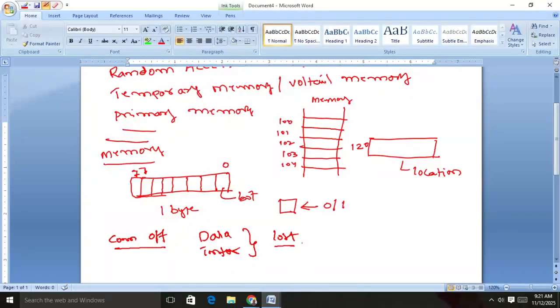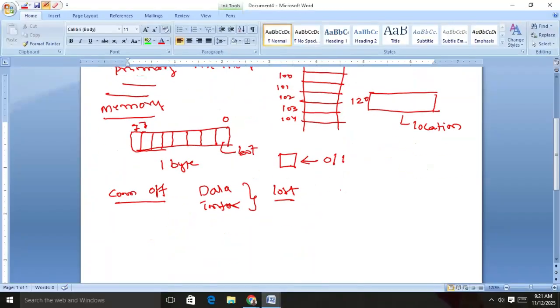It is not possible to retrieve the information or data stored within the memory. So there are two basic primary memories for the computer. One is random access memory, RAM. The other one is read only memory, ROM.